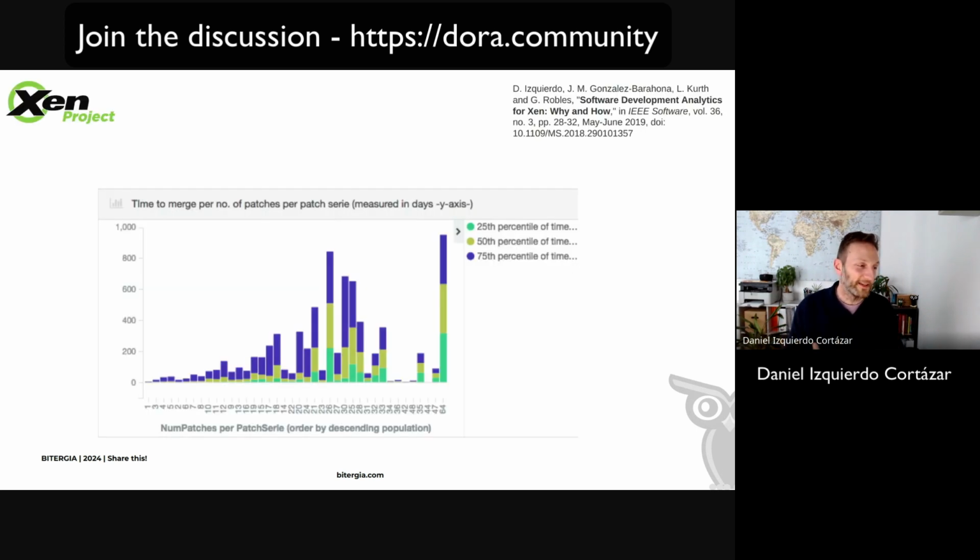Now entering into some examples. This is the same community, but you can see here on the x-axis, from left to right, the number of patches that they have per patch series. The project is in the orbit of the Linux kernel, so you know more or less the environment we are discussing.